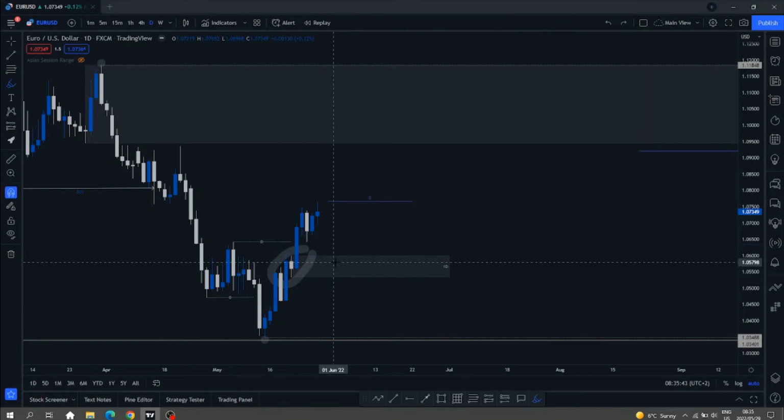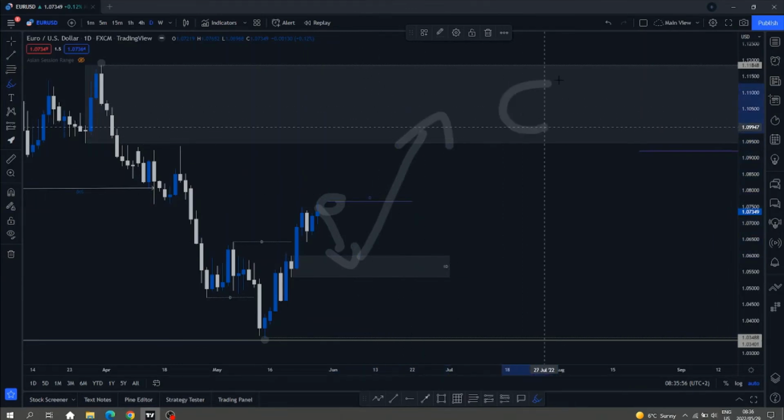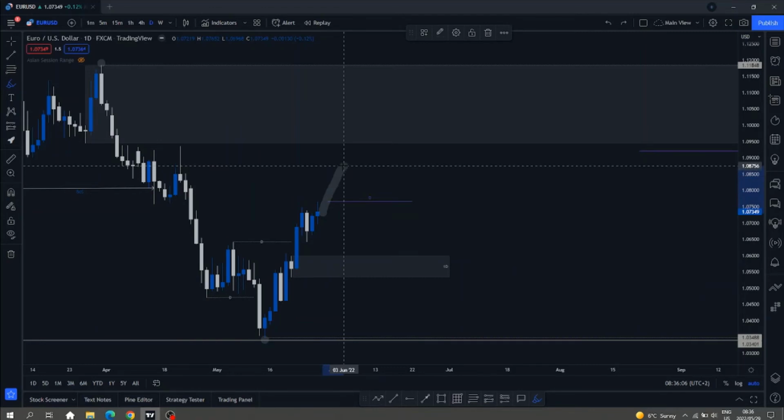All right, so because we've just about tapped our equilibrium, we could see price action potentially pull back towards this particular daily demand before continuing higher to this weekly supply zone, which is a flip zone.